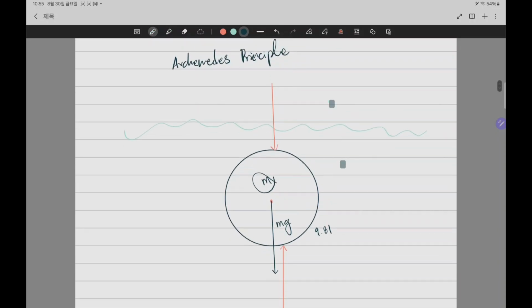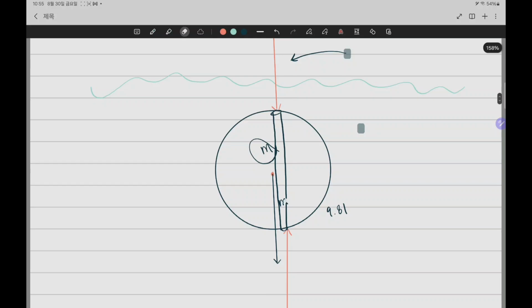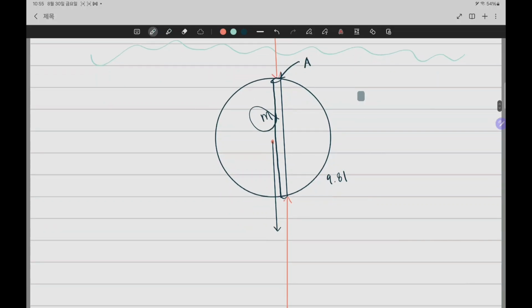To calculate this pressure, we will not consider the whole ball because that's a lot to consider, and it's not general. We will consider a nice bar that happens to look like this and has a very small area A, so it's relatively flat, and then it will have a height h.